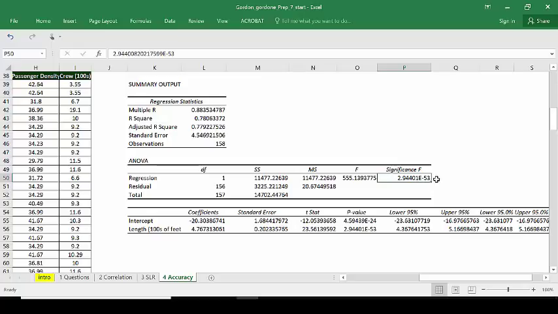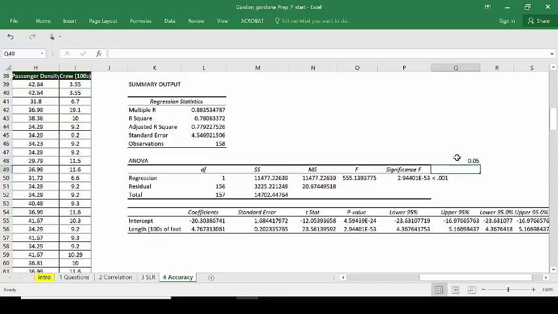This e-53 is telling you that you need to move the decimal place over 53 places. So the actual number would be 0.000, 52 zeros, and then 294. So this is a very small number. Anytime you have a p-value that's less than 0.001, we report it as less than 0.001.